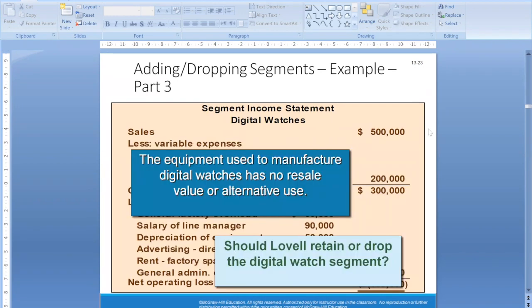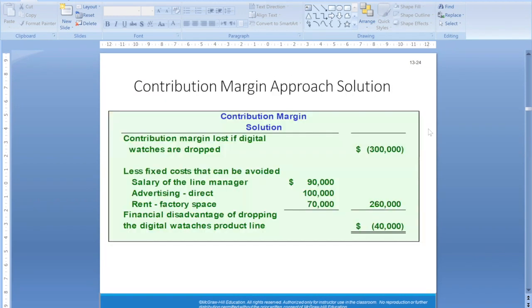So the first line of the solution, according to the contribution margin approach, is that we lose 300,000, the contribution margin lost if the digital watch line is dropped.